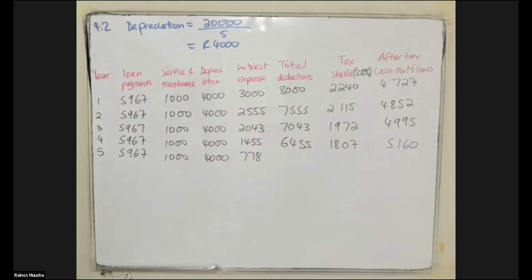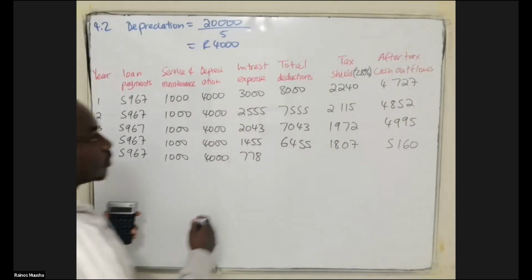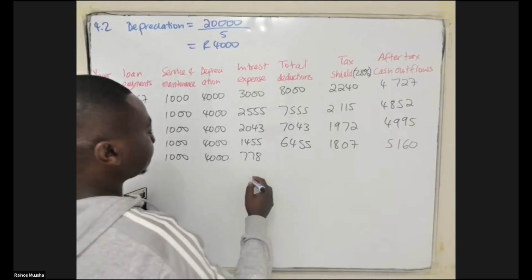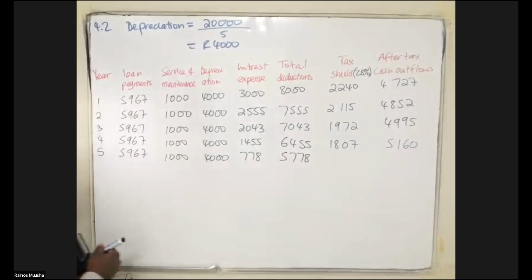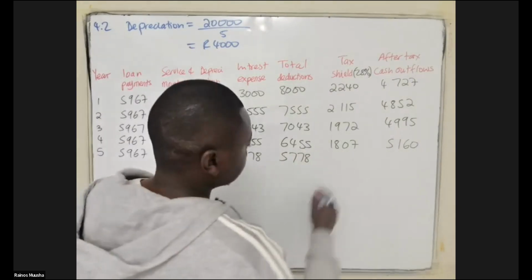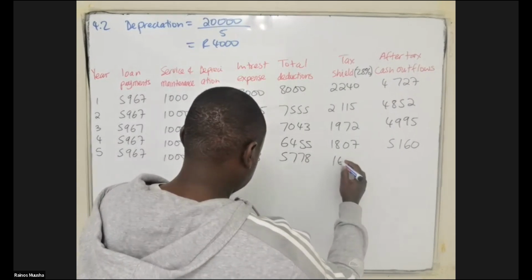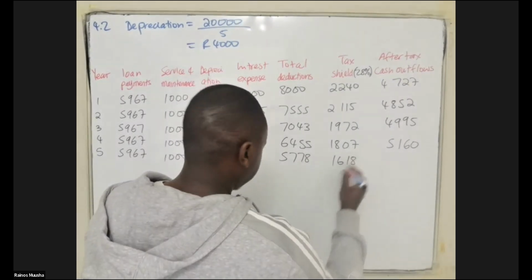For year 5, our total deductions are 5,778. And our tax shield is 1,618.